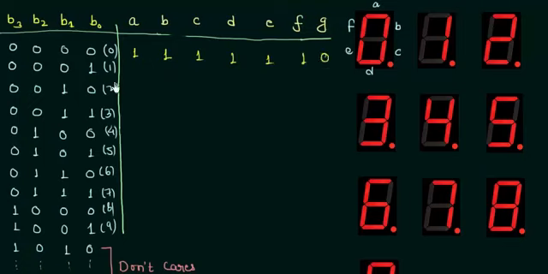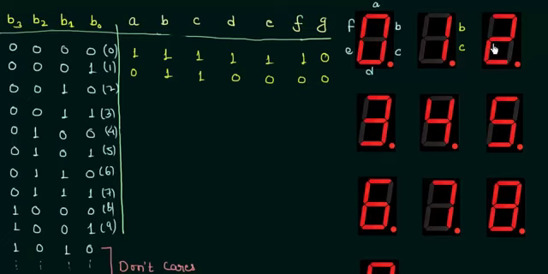So G is 0. Similarly, if I want to display 1, in this figure you can see how 1 is displayed. To display 1, the segments B and C are high. So A is low, B and C are high, and all the rest of the segments are low.